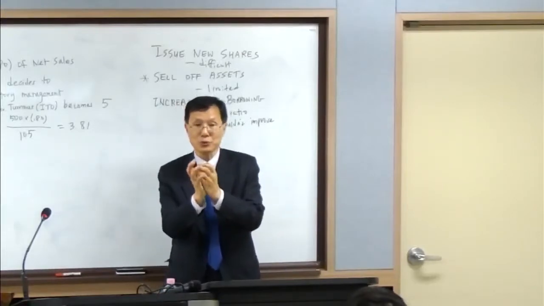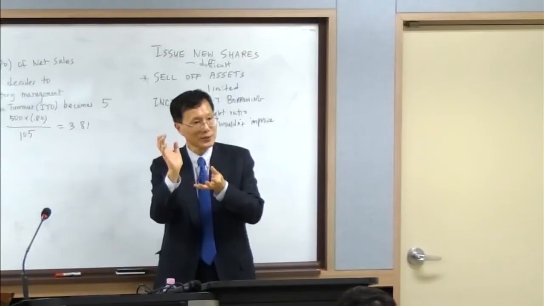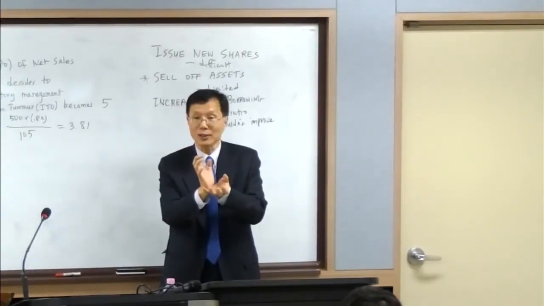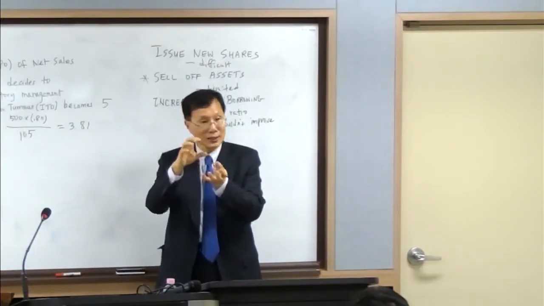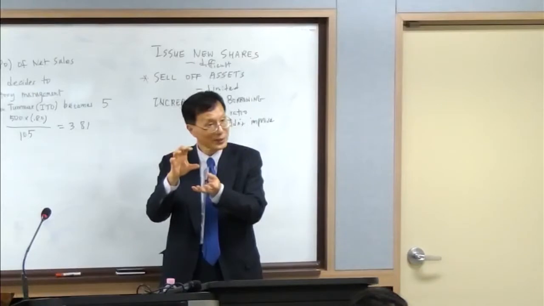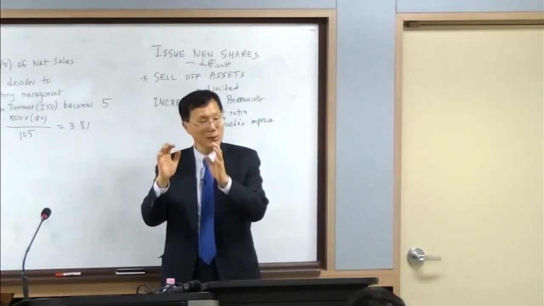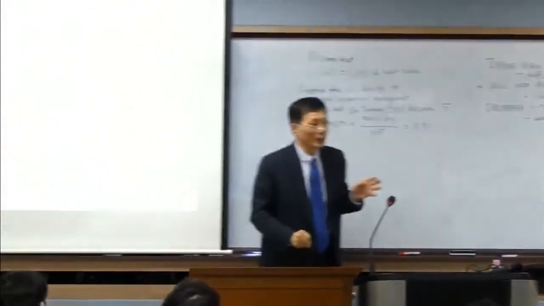In other words, it wants to improve inventory management efficiency such that the amount of inventory that the company has to carry can be reduced. In other words, investment in inventory can be reduced such that it will have less amount of borrowing.